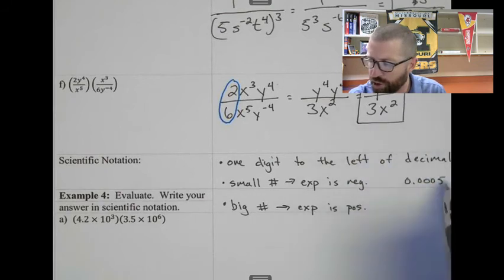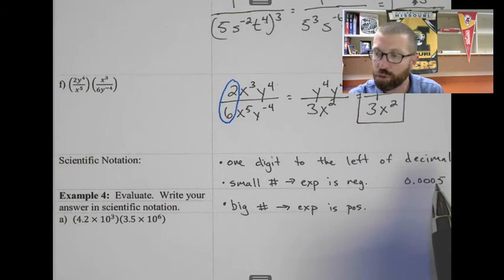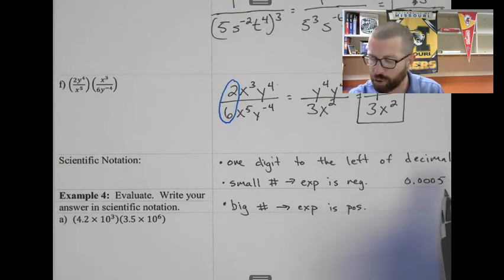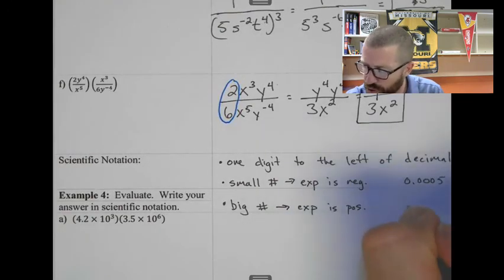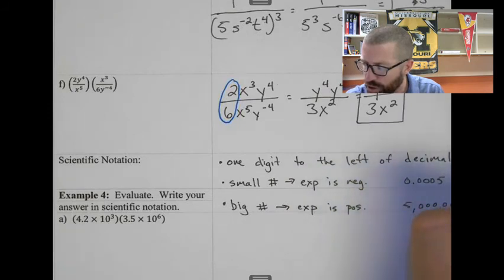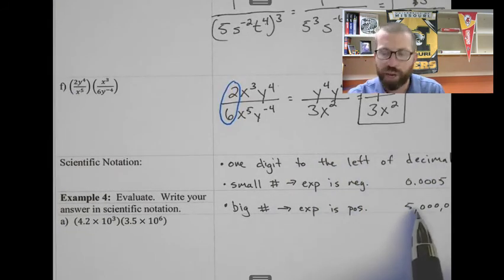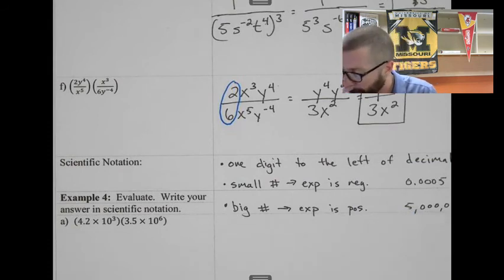Then when you write this in scientific notation, you know your exponent's supposed to be negative. Doesn't matter which way you move the decimal, the exponent's going to be negative. And likewise, if you see, well, oh, I have a negative exponent, I know that's a really small number. And same thing with this. If I have the number like 5000, let's make it 5 million, I would know my exponent's supposed to be positive on this scientific notation.